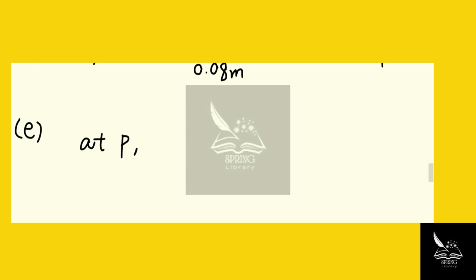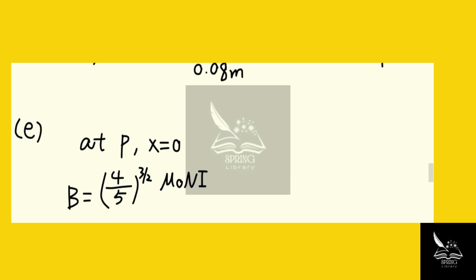And for the last question, we know at point P, x is equal to 0. And we know the magnetic field at point P is equal to, not mu 0 n I A, my bad, it's 4 over 5 to the power of 3 over 2 times mu 0 n I over a.